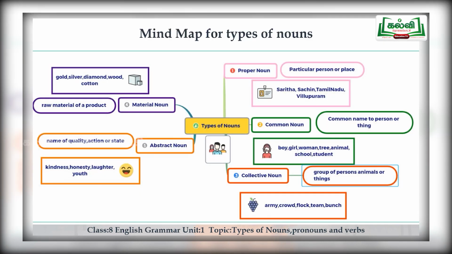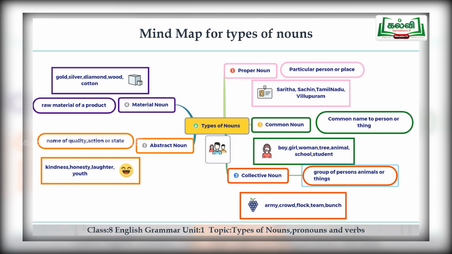Let us recall what we have learnt in today's class. We have learnt types of nouns: proper nouns, which are particular about a person or place. Here I have given some examples: Sarita, Sachin, Tamil Nadu, Viluppuram. And common noun, the common name of a person or a thing.